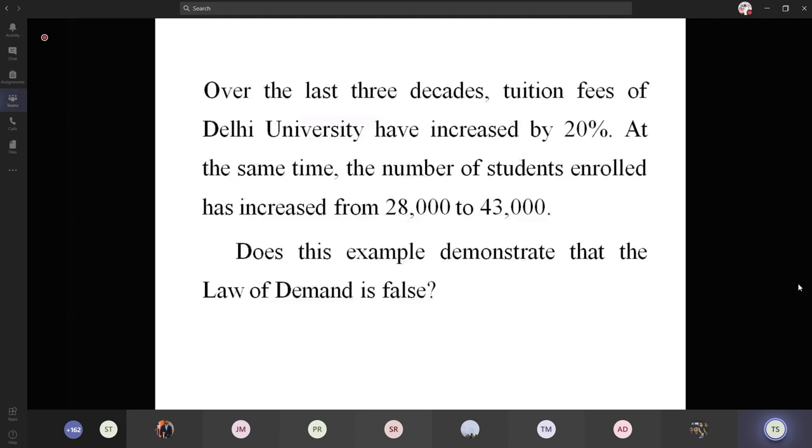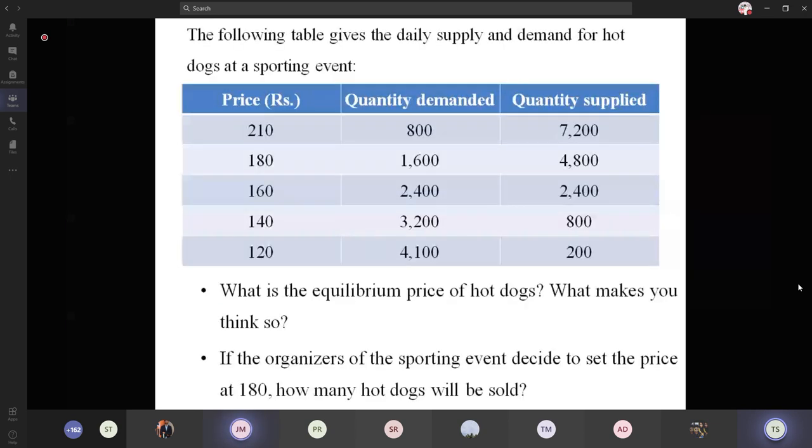The type of commodity is a necessity commodity. It comes under the exception which was given by Giffen. And go through the next one.